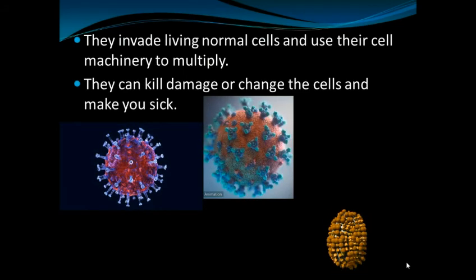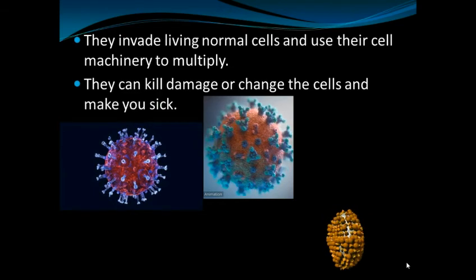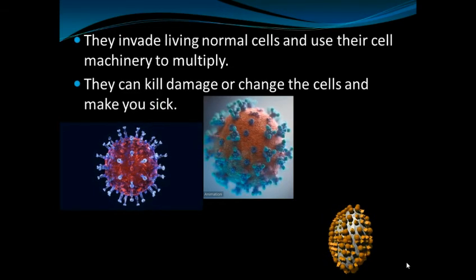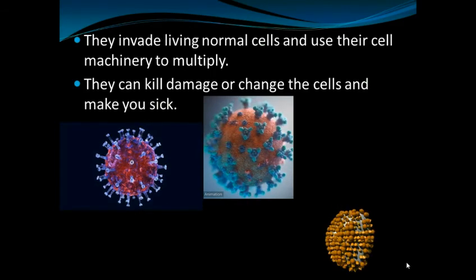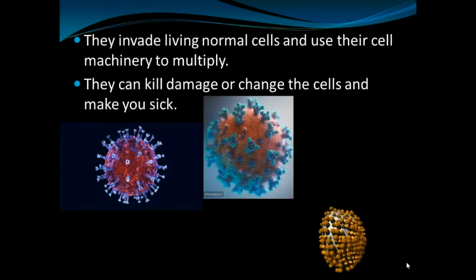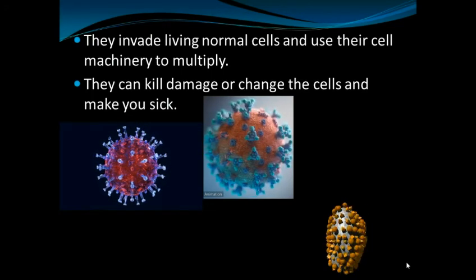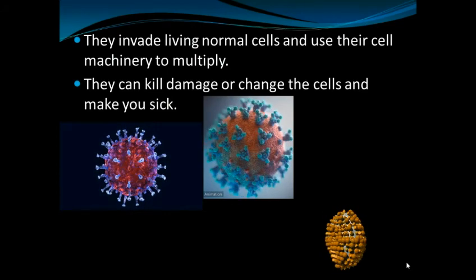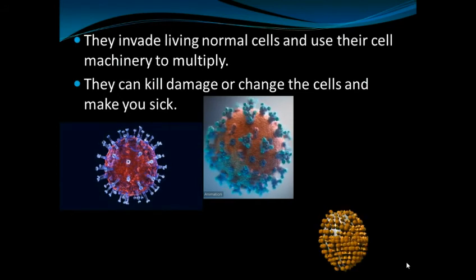Understood, students? Now what is a virus? A virus is an infective agent that typically consists of a nucleic acid molecule in a protein coat and it generally replicates only inside the cells of other living organisms. It can infect all types of life forms, that is, plants, animals and other microorganisms.